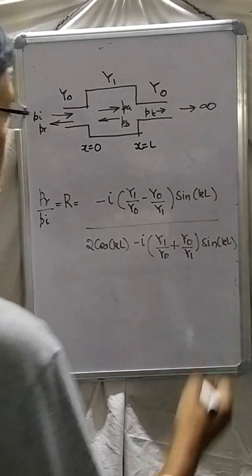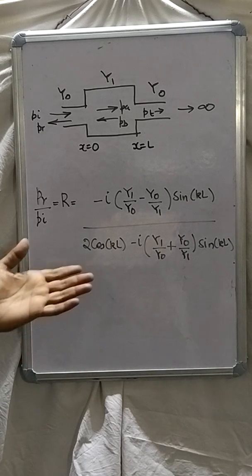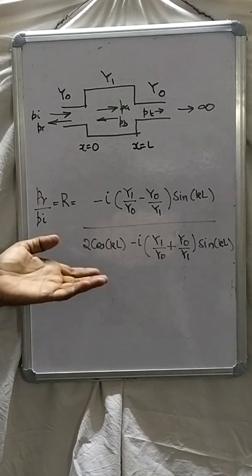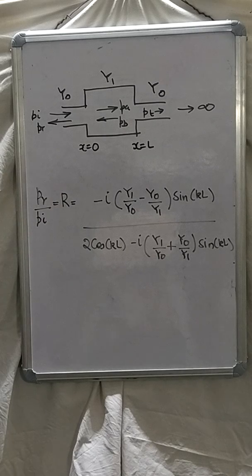So you can see that this is the form for the pressure reflection coefficient. Of course, this is a complex quantity, so it has both a phase as well as a magnitude. The phase tells you the phase relationship between the incident and the reflected wave.